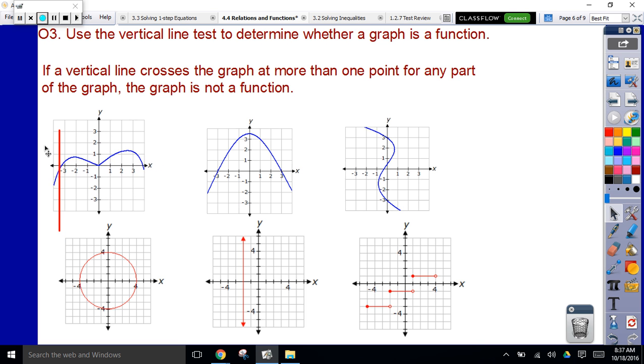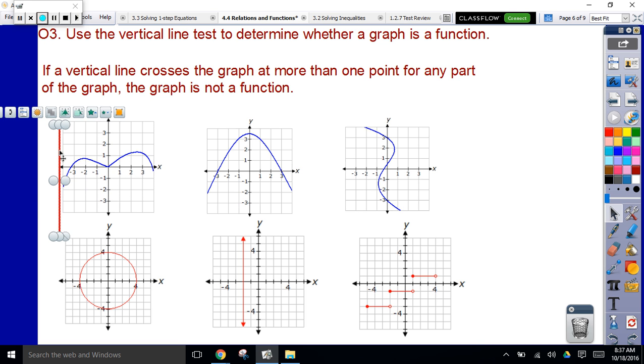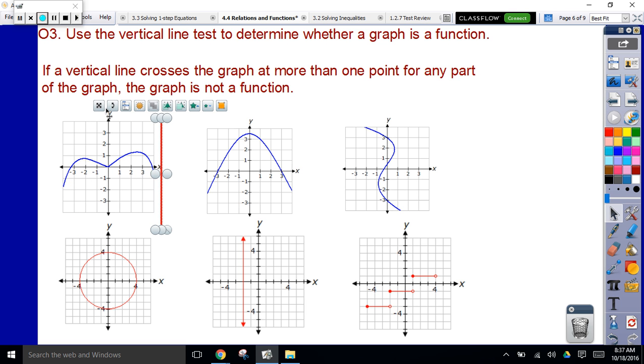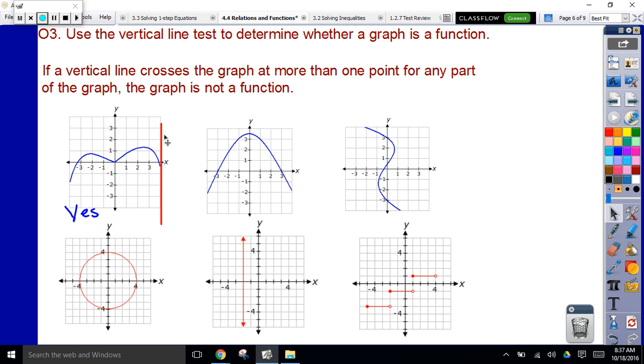Whoops, I'll just move the graph across the line, that might be easier. Does it touch the graph in more than one place at any time? No, so this one is a function. So yes, this is a function. Okay, what about the next graph? If I were to grab a hold of my line here.